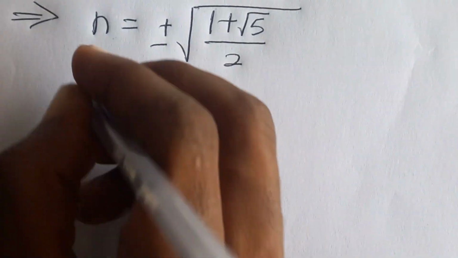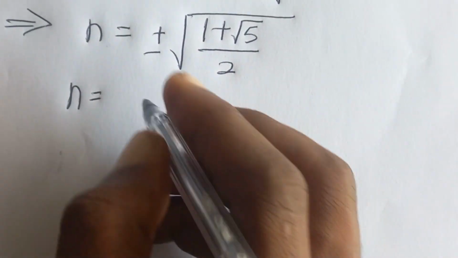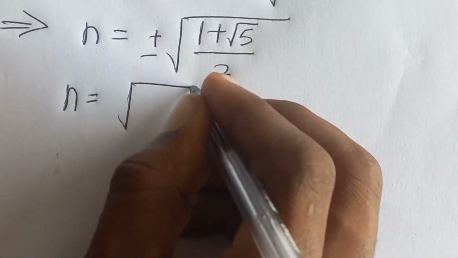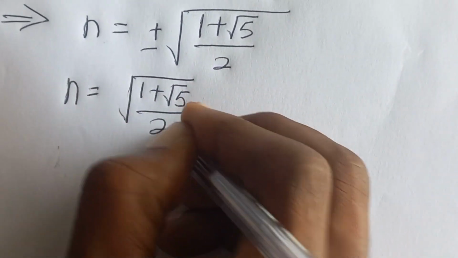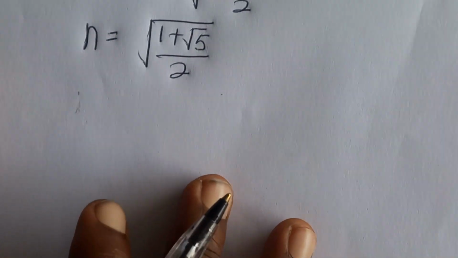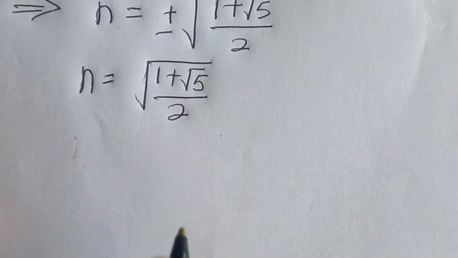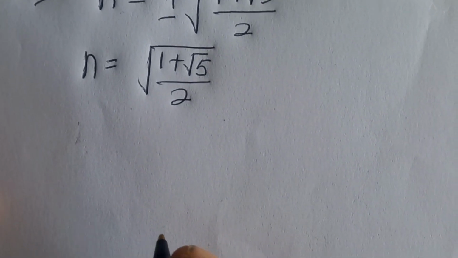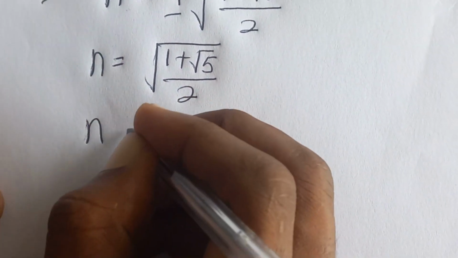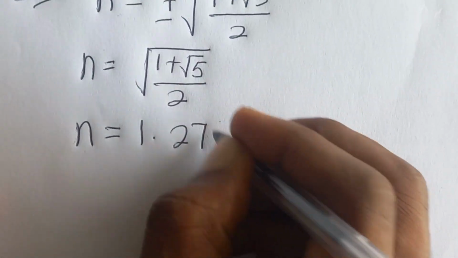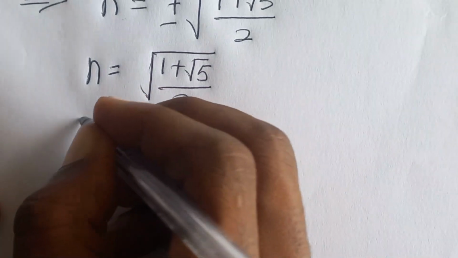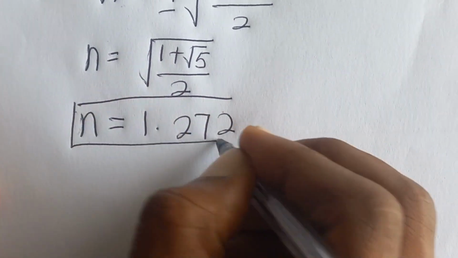So we say that our n is equal to square root of 1 plus root of 5 all on 2. Okay, so with this, you can leave it like this, or when you punch your calculator, you are going to get n is equal to 1.272. Okay, so this is our answer for n.